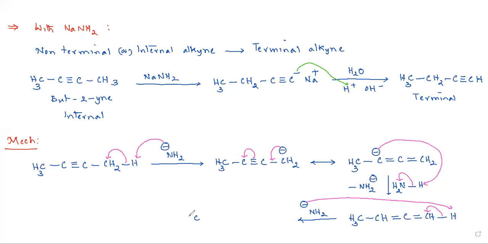Then CH3, CH, double bond C, this, and then CH minus. That's it. We are almost there. This one comes here. This goes towards the carbon. It's a simple thing. Then finally, we get this CH3, CH minus.